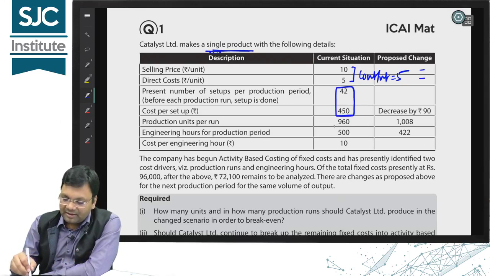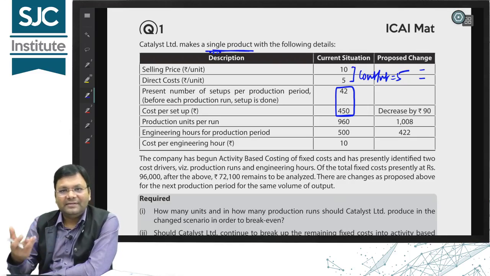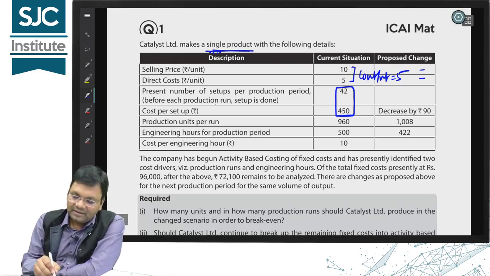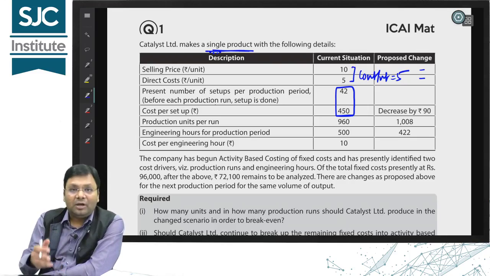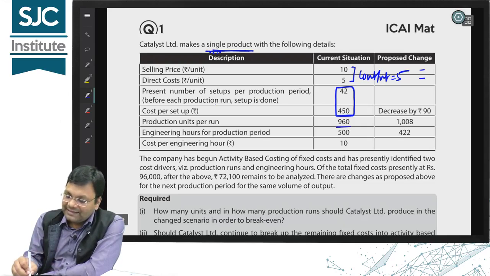Production units per run. Units per run means in one run, one setup. One run is one setup, because before each run we are doing a setup. In one run, in one lot, we are producing 960 units.